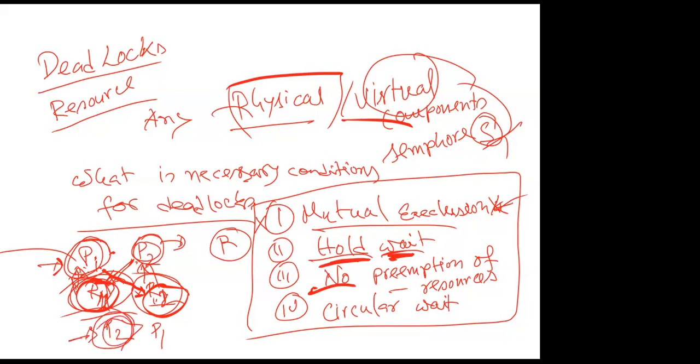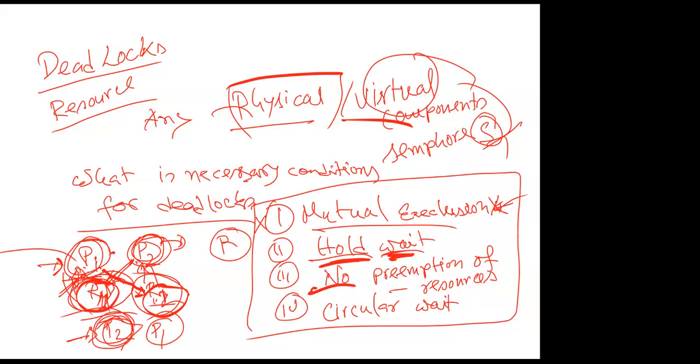If a higher priority process comes for executing, it takes the CPU and tries to complete its execution. If the higher priority process can preempt resource R1 from the lower priority process, then there will be no deadlock.